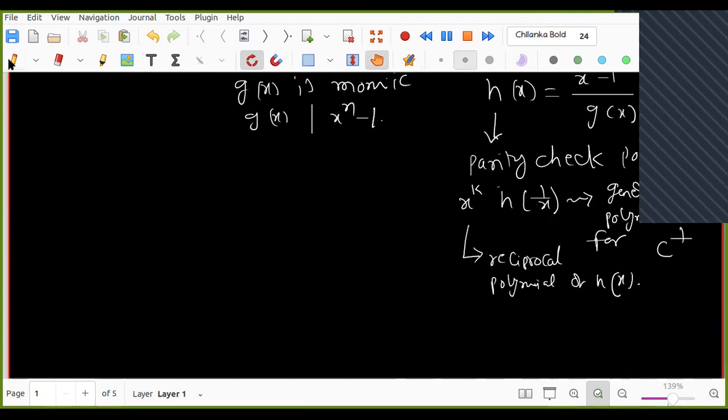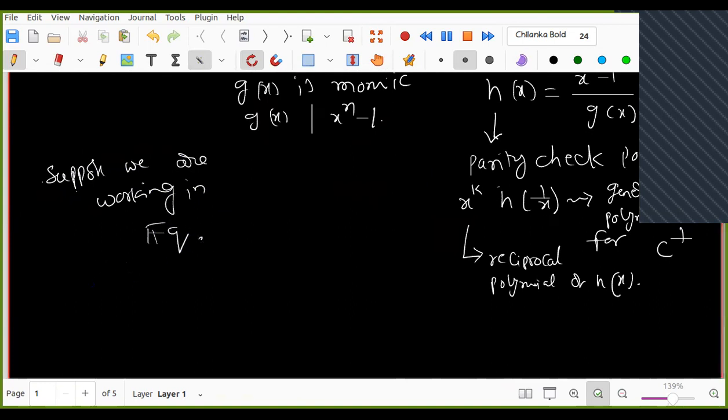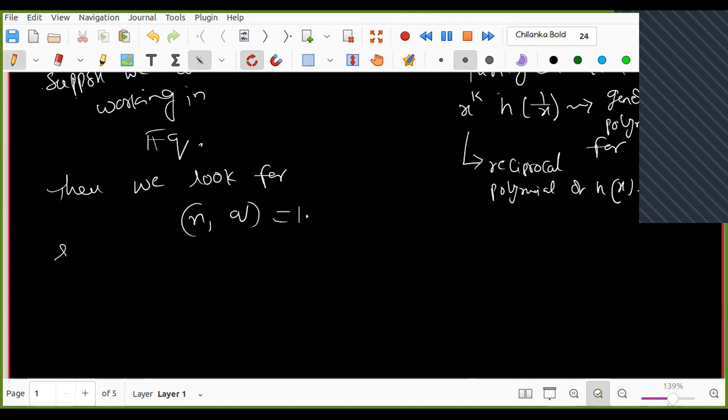Okay, and you know that x power n minus 1, suppose we are working in F_q, right? And then we look for gcd of n and q equal to 1, because then all the roots of x power n minus 1 are distinct.